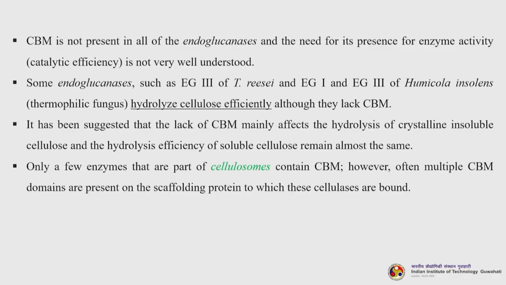It has been suggested that the lack of CBM mainly affects the hydrolysis of crystalline insoluble cellulose, and the hydrolysis efficiency of soluble cellulose remains almost the same. Only a few enzymes that are part of cellulosomes, okay, contain CBM. However, often multiple CBM domains are present on the scaffolding protein to which these cellulases are bound.